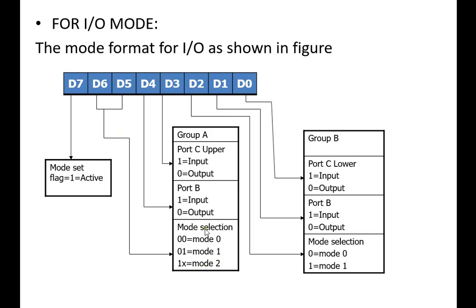So to select this in group A we have two bits, D6 and D5, but in group B we have only D2 to select the mode. Here there are two modes, mode 0 and mode 1, and D7 is for the flag. If the flag is 1, then it is active, because this is different from the previous function.